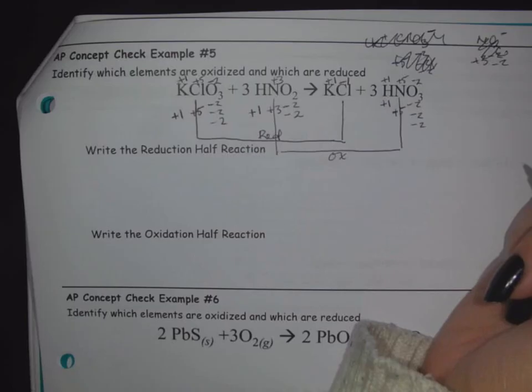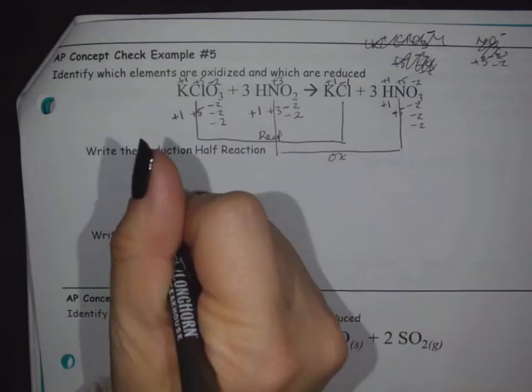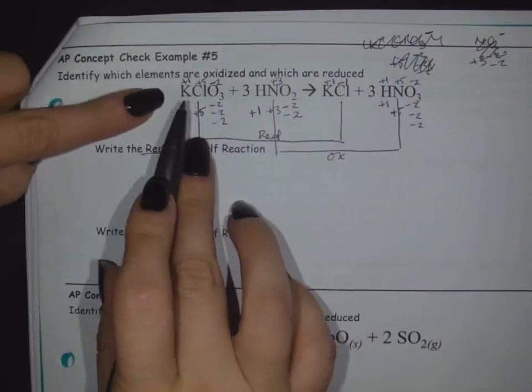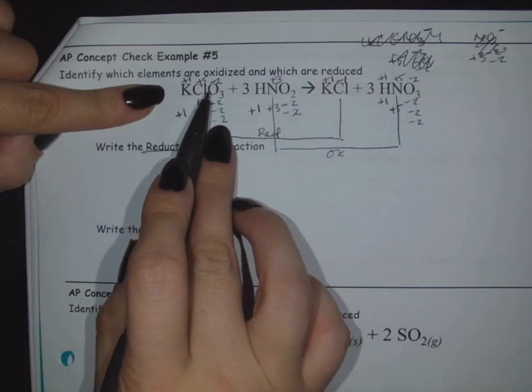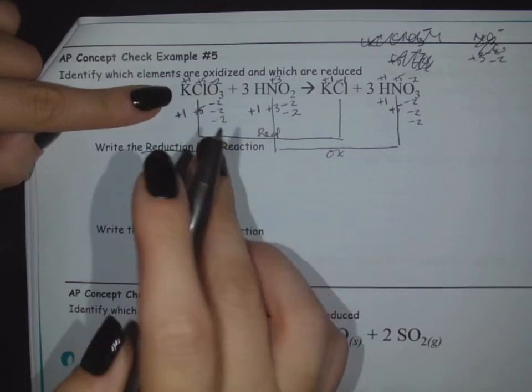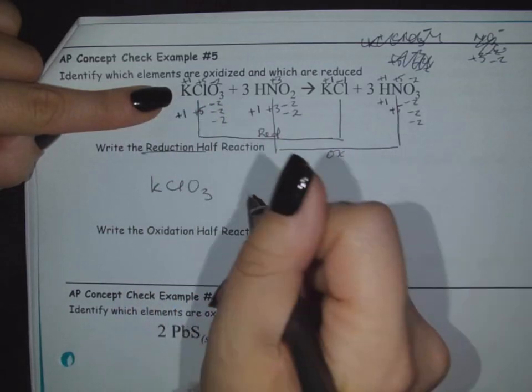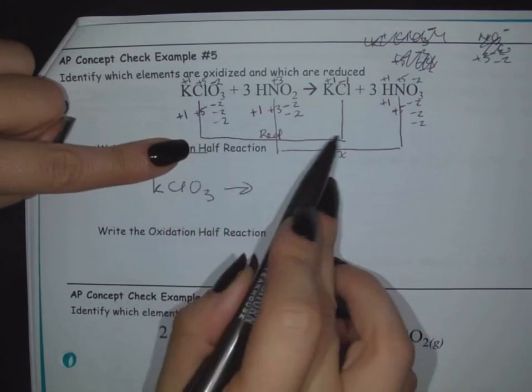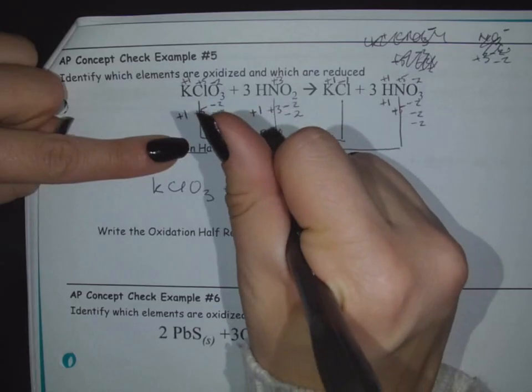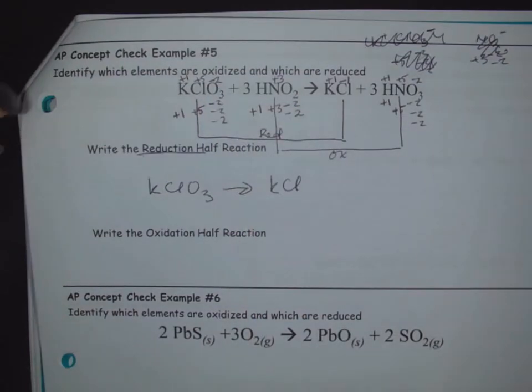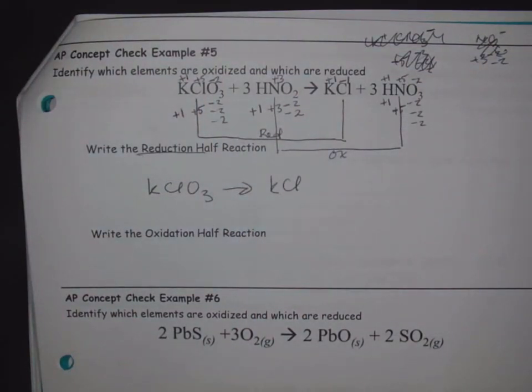So here's how I would write the half reaction. For the reduction half reaction, it's the chlorine that reduced, but I'm going to write the whole thing. KClO3 turns into what it reduced into, KCl. So that is my reduction half reaction.